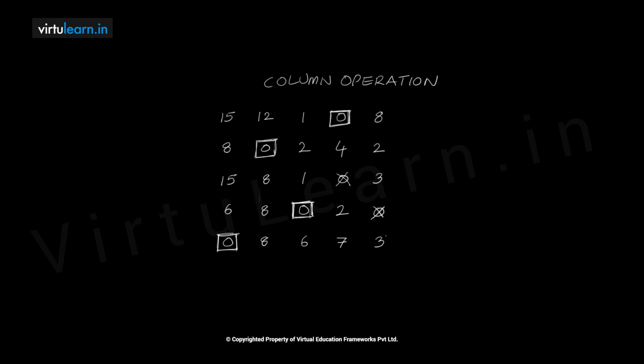That is the reason we should improve the table further. When there are elements which are not struck off, we identify the least element and subtract it from the elements which are not struck off, and that way we write the next table. Then we again try to make allocations for zeros: single zero row, single zero column, then double zero row, double zero column. Likewise we will proceed. So next we will proceed to draw the lines for the same table.